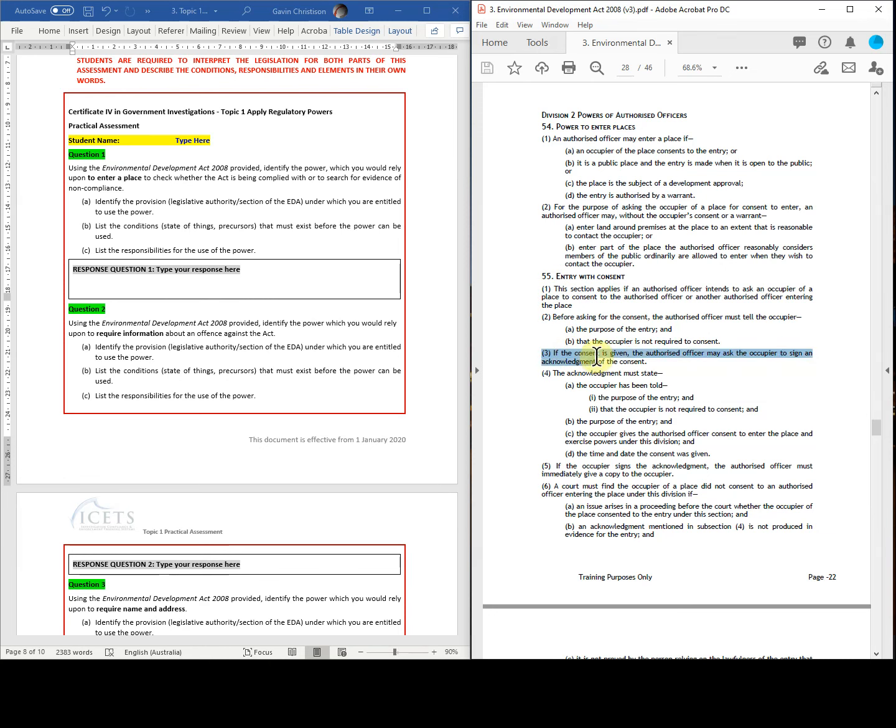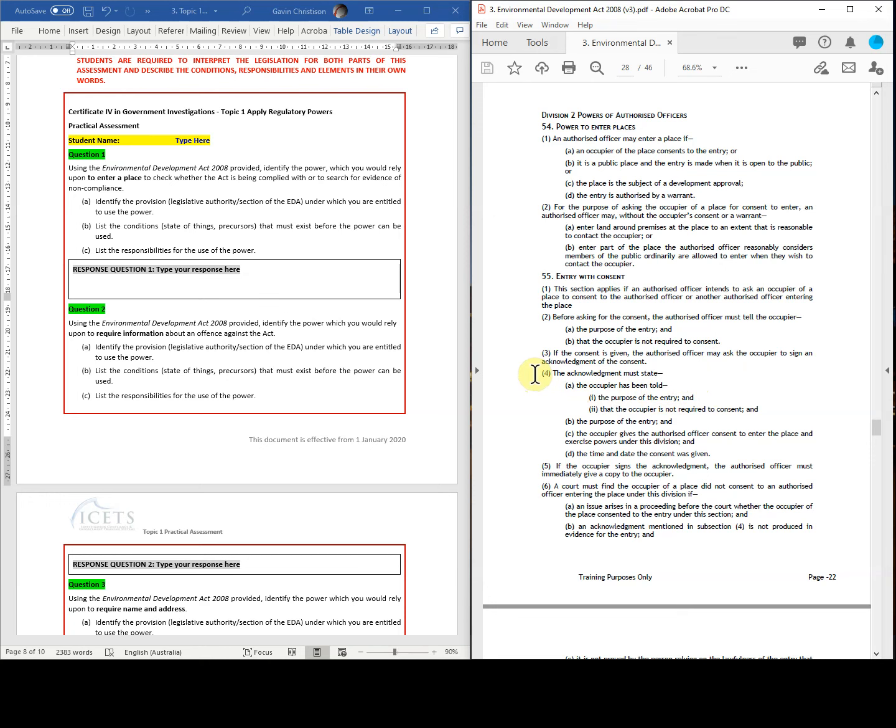Section 55 subsection 3, if the consent is given, the authorised officer may ask the occupier to sign an acknowledgement of the consent. The defining term here is may ask the occupier to sign an acknowledgement of consent. If that said must, then that would constitute a responsibility.